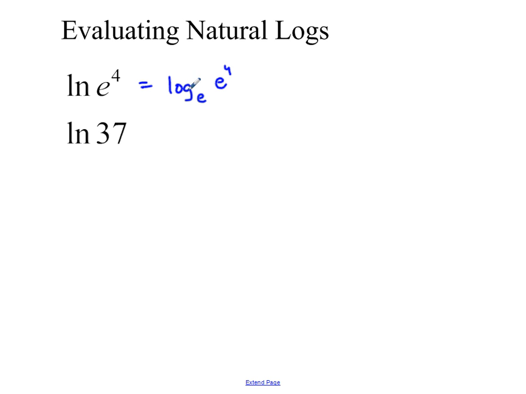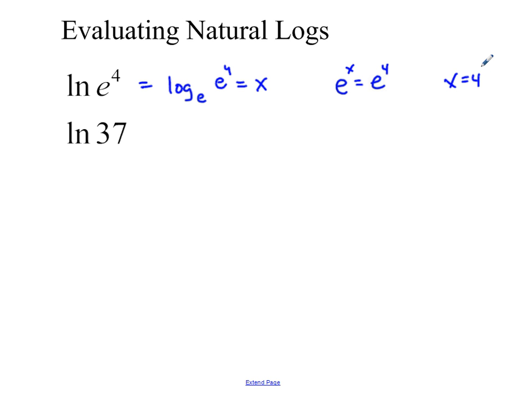So what is exactly this saying? Well, if this is equal to x, put this into exponential form. What's our base? Base is e. What's our exponent? X, because that's right here. Well, that's going to be equal to the argument of the log. So this is like a trick question or something, right? Because e to the x comes out e to the fourth. Oh, it's got to be 4.